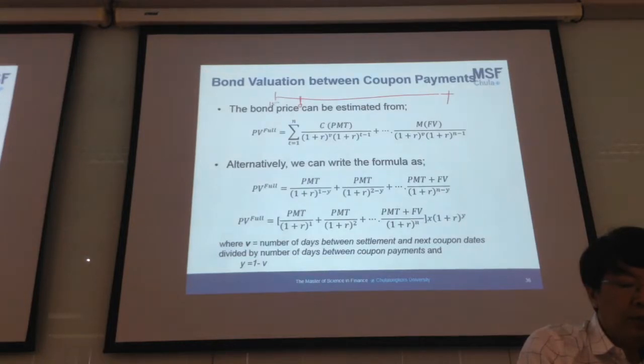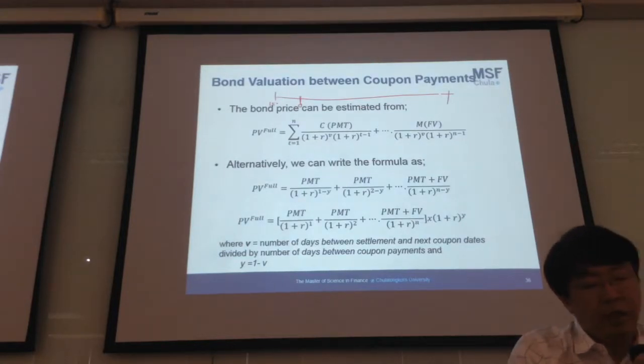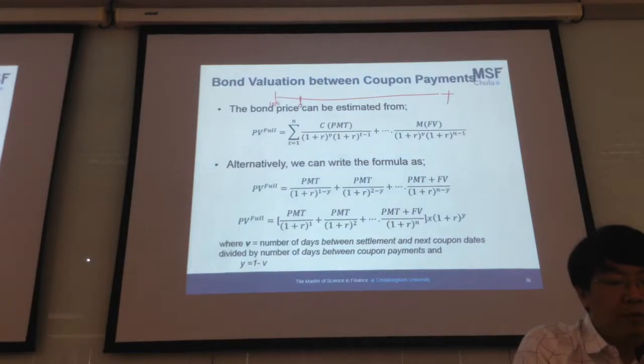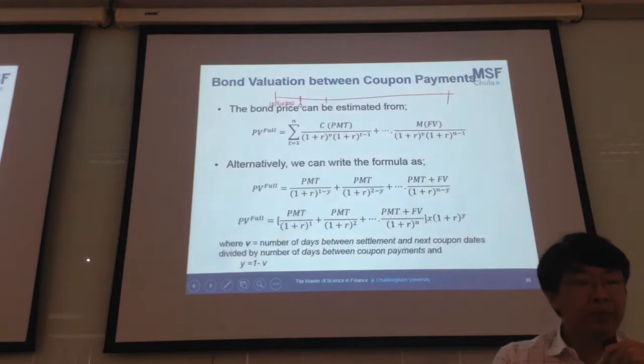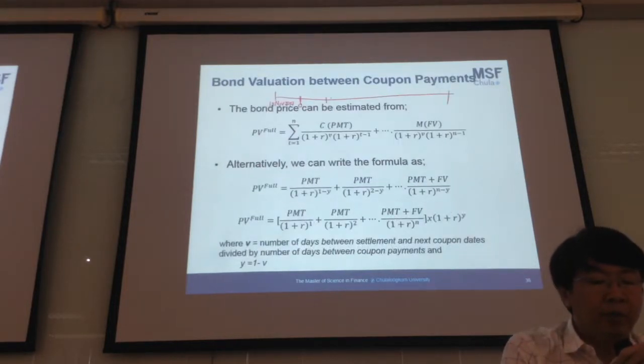Suppose this is 15 November 2017, and the next coupon, suppose they pay every 6 months, will be on 15 May 2018.